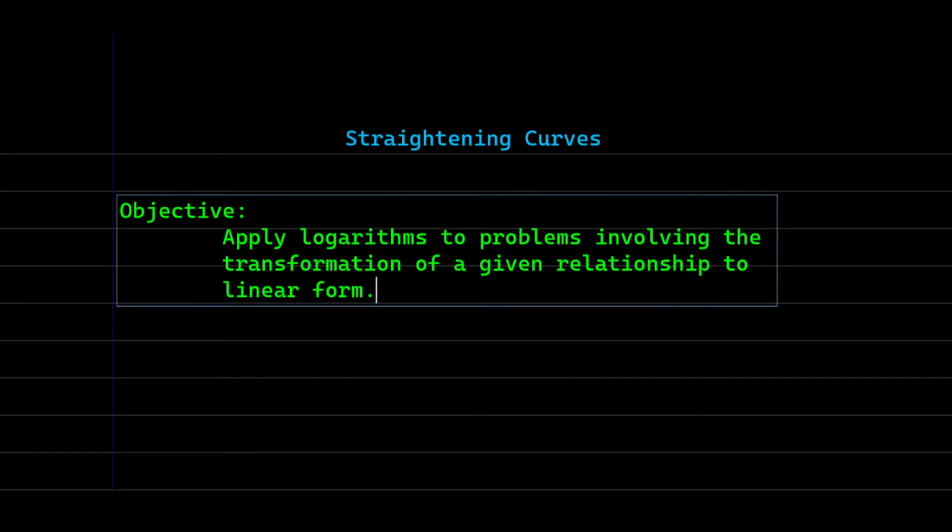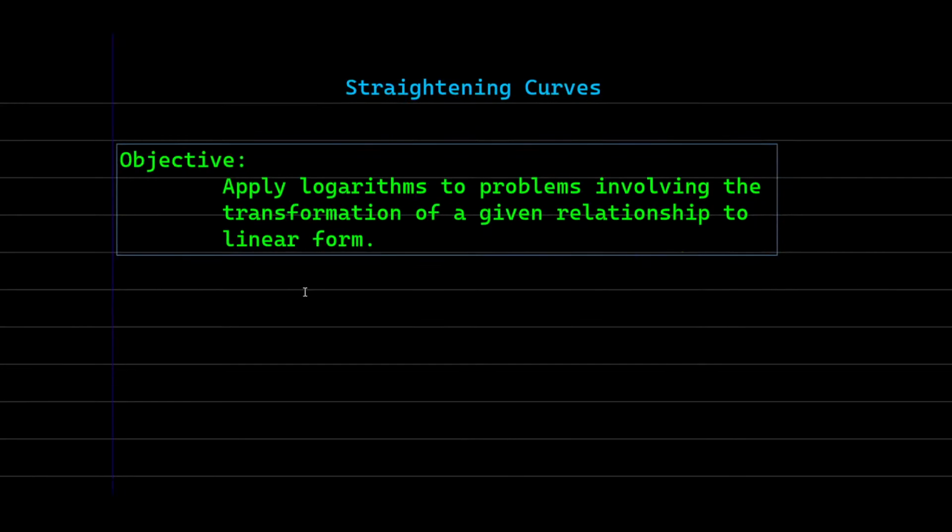For now, all you need to understand is that there's a general form for a straight line equation, and that general form has 2 important values in it called the gradient and the intercept. What we're doing in this lesson is converting exponential form and power law form into a straight line equation so that we can more easily get the constants that we need by simply measuring the gradient and the intercept, right? It's just to make our work easier.